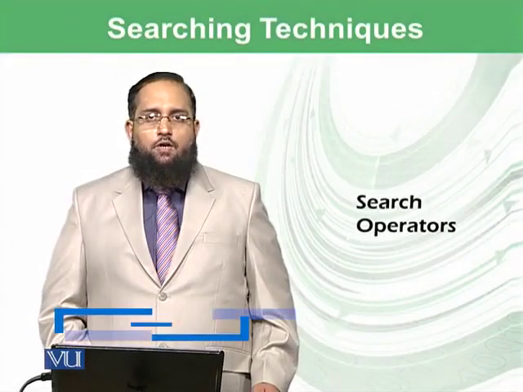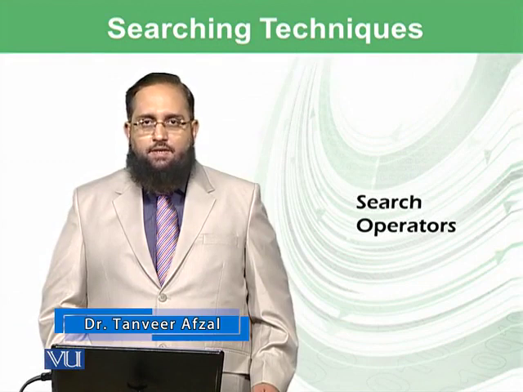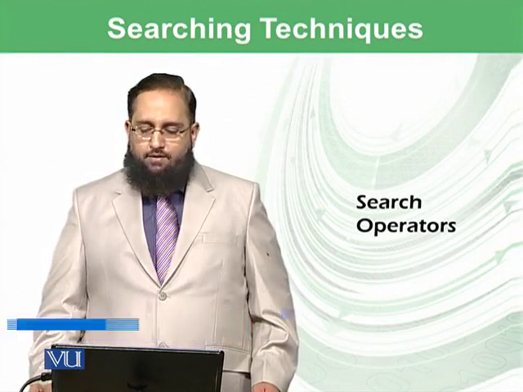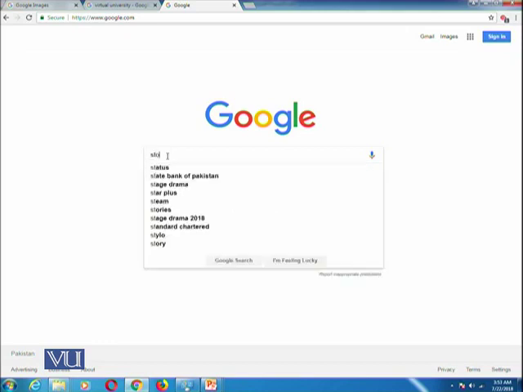Dear students, today we will further explore different search operators in searching on Google. One such search operator is stocks. If you want to search about a particular brand, what the stock market or stock trend of that particular brand is at the moment, then you can try it on Google with this option.